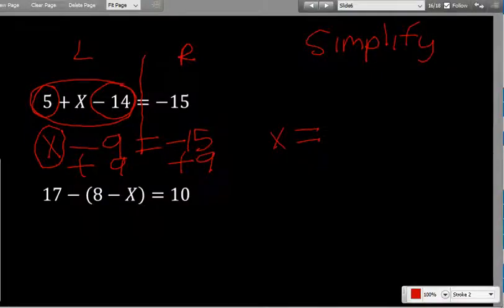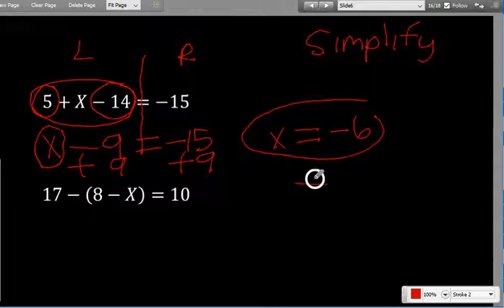Okay? So get out your calculators and type in negative 15 plus 9. Negative 15 plus 9 is a negative 6. And if we were to plug negative 6 back in the original equation, 5 plus negative 6 and then a negative 14 equals negative 15.